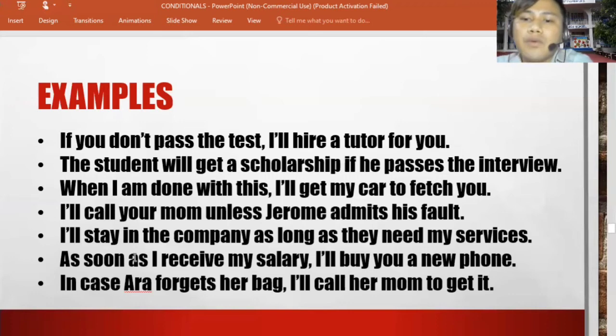What is our verb? Our verb here is pass. So if you don't pass the test, what will be the result? The result will be I'll hire a tutor for you.